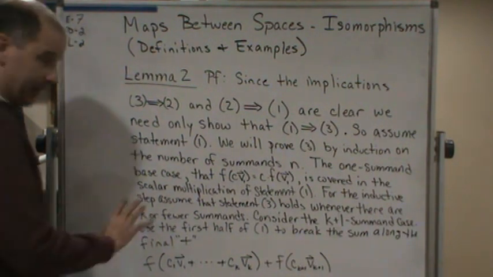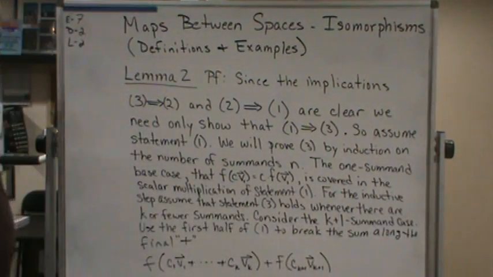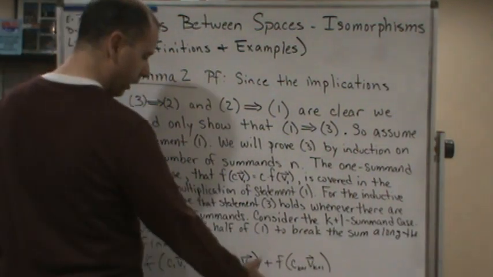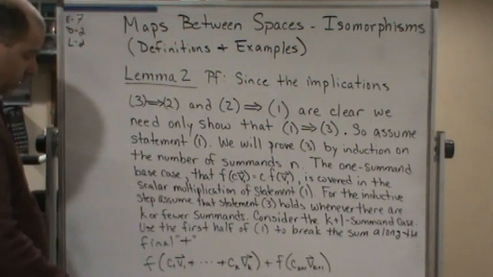And then what do you have? You have a full linear combination of k plus 1 terms.